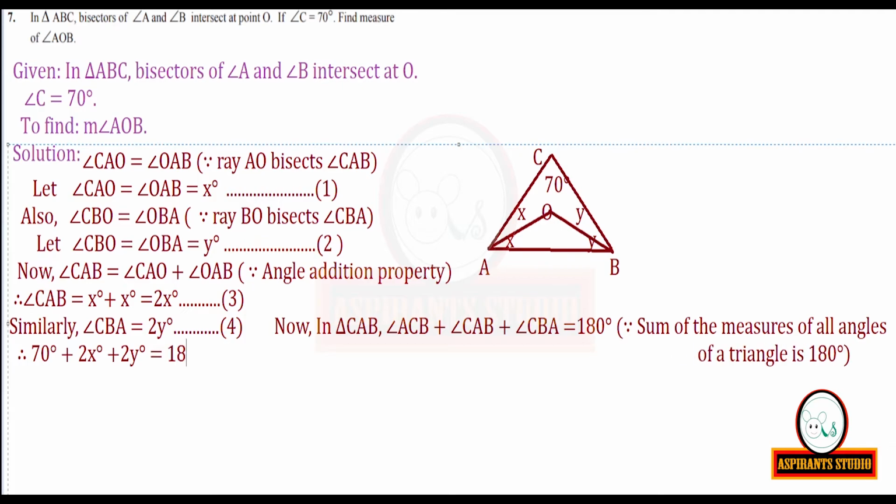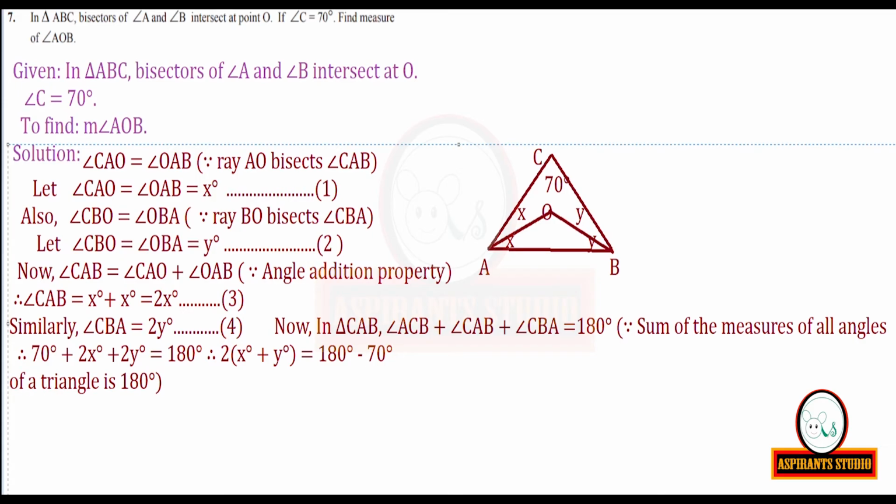Now 2 is common. You can take 2 outside. See, you have 2x degrees plus 2y degrees. From there you can take the 2 common outside the bracket, and inside the bracket you will get x degrees plus y degrees. So you will get 2 into x degrees plus y degrees is equal to 180 degrees.